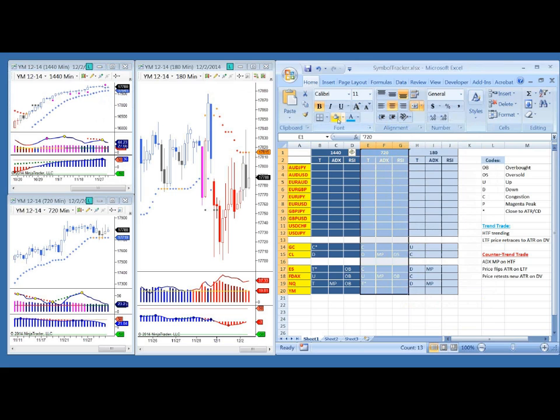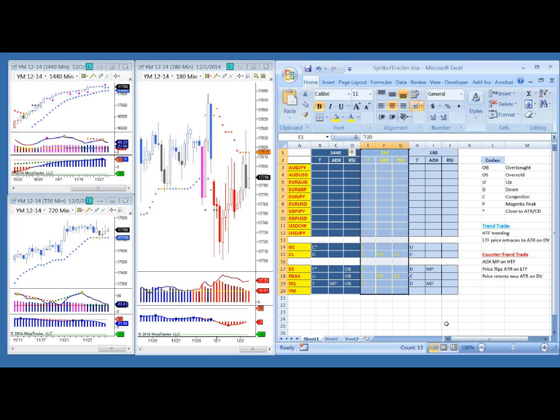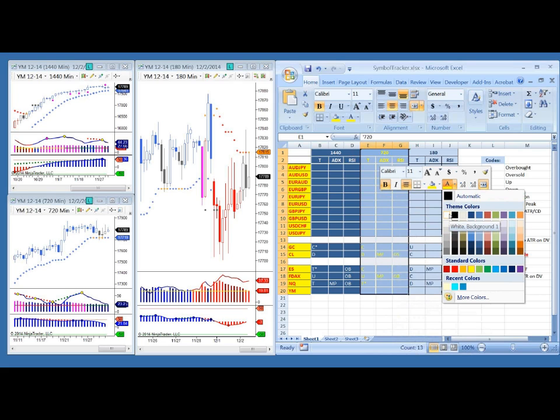I did try the black. It didn't work. Let's try yellow. Is that better? To me, I can't see that. I don't want white.